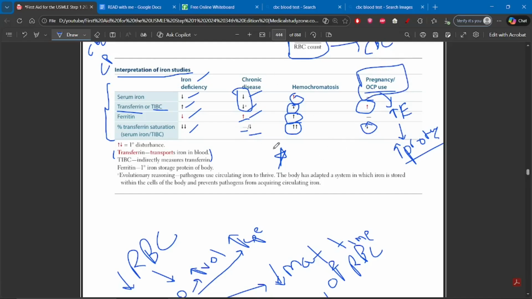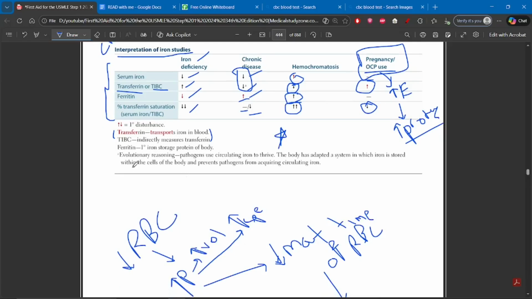It's a simplified version. And one thing that is written here is evolutionary reasoning. Pathogens use circulating iron to thrive, which means the serum iron. The body has adapted a system in which iron is stored within the cells of the body, which prevents pathogens from acquiring circulating iron. They've written this here because chronic diseases are mostly chronic inflammatory diseases.